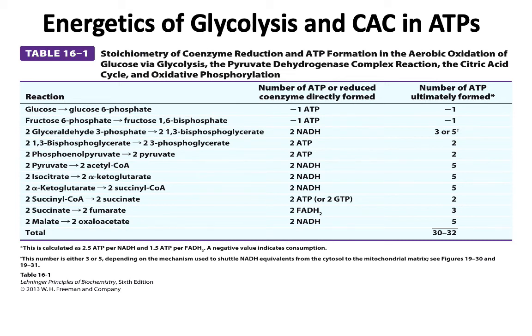Then as we proceed into the TCA cycle, we generate a number of ATP and NADHs. So the final tally here is the generation of 30 to 32 ATPs for every glucose molecule.